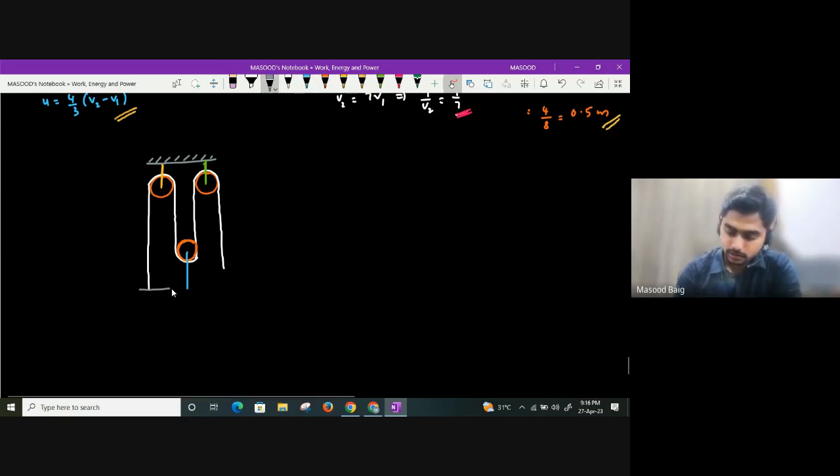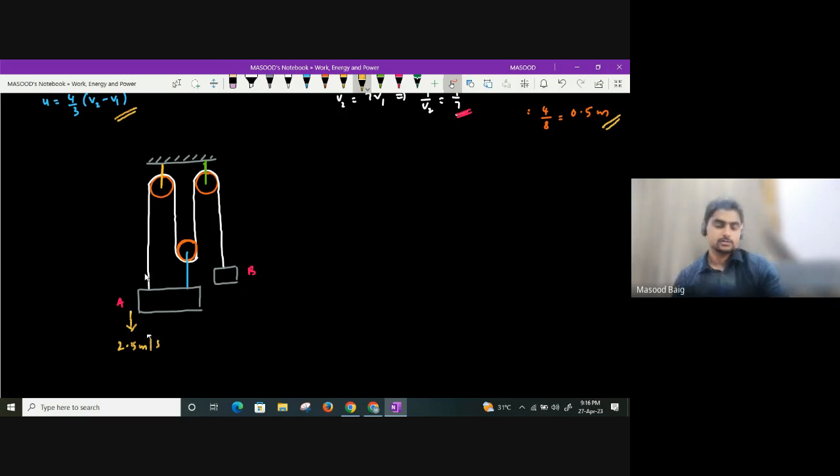These are connected to some blocks. This is block A, this is block B. They have given that block A is moving down with velocity 2.5 meter per second. What is the velocity of block B? They are asking, guys.